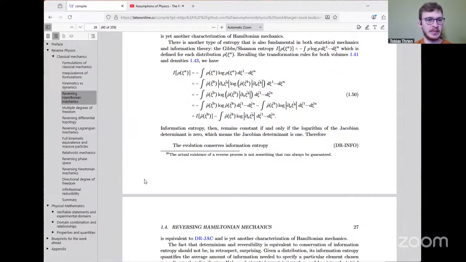There is another type of entropy that is also fundamental in both statistical mechanics and information theory, the Gibbs-Shannon entropy, which is given, for a distribution rho over phase space, by the integral of minus rho log rho, defined for each distribution. Recalling the transformation rules for both volumes and densities, from the original definition we get two Jacobians.